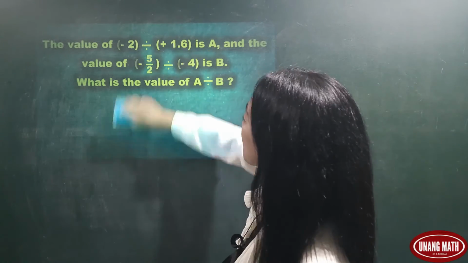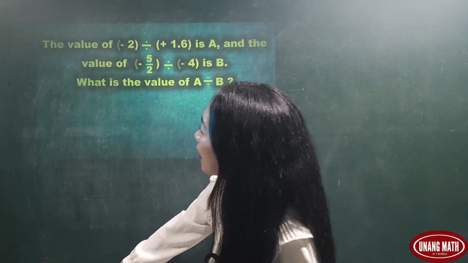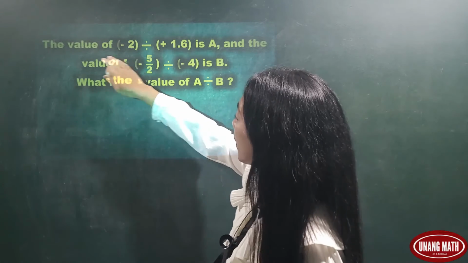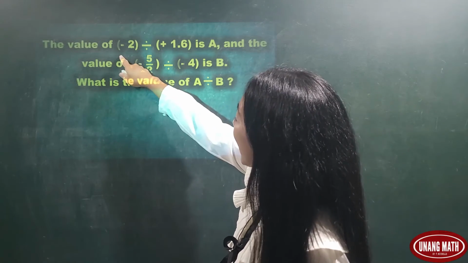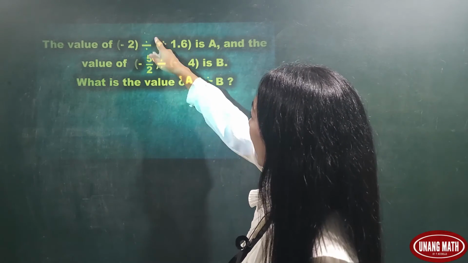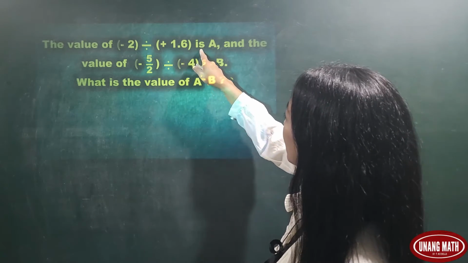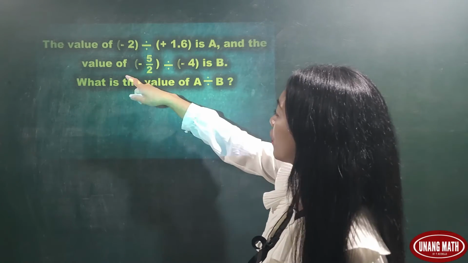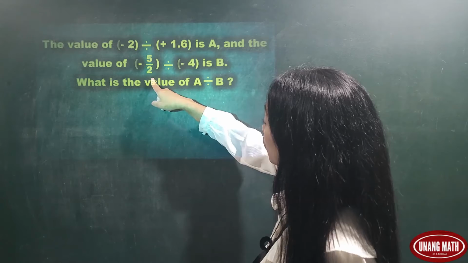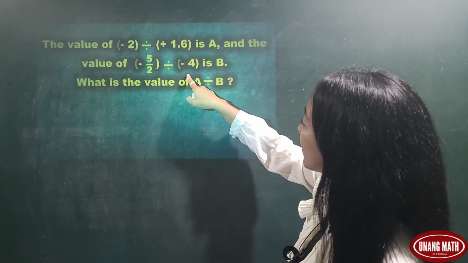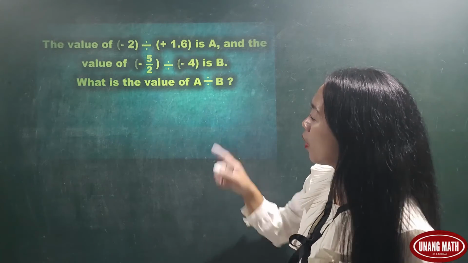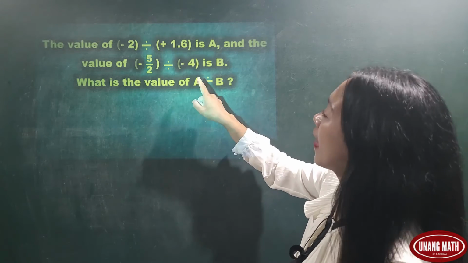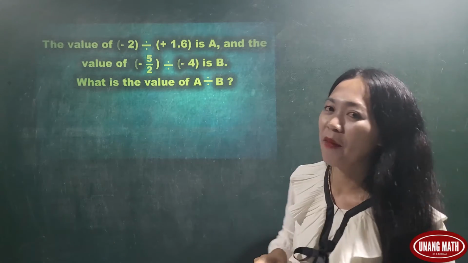This is our second problem. According to this problem, the value of -2 divided by positive 1.6 is A. And the value of negative 5 over 2 divided by negative 4 is B. What is the value of A divided by B?